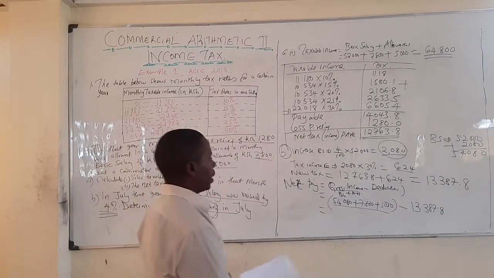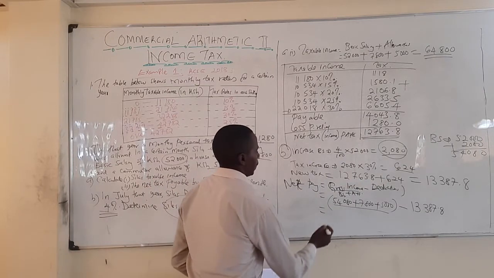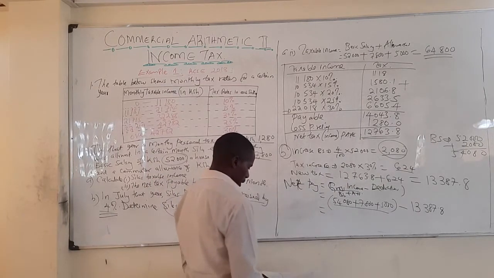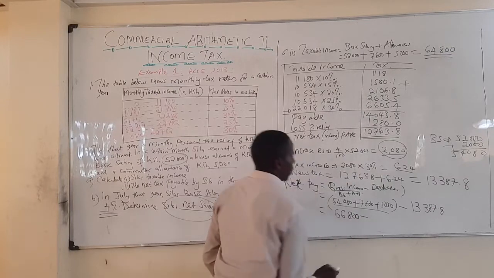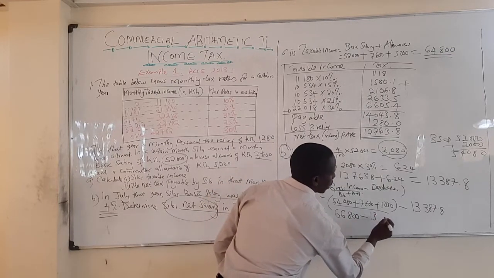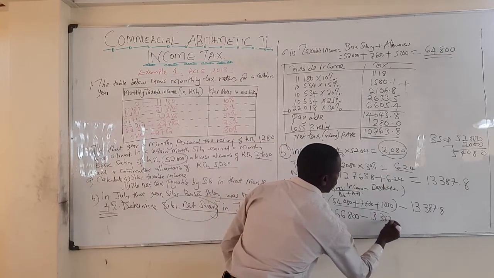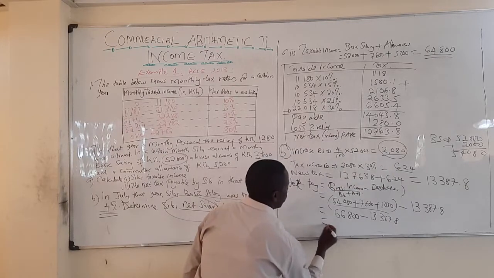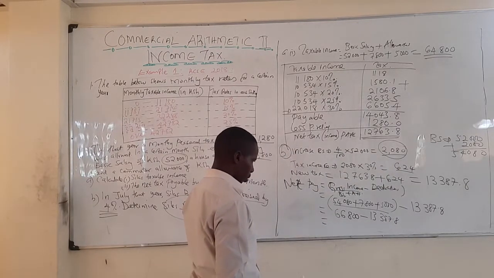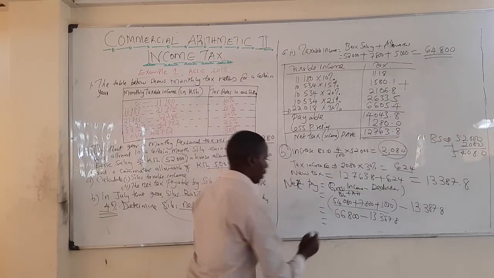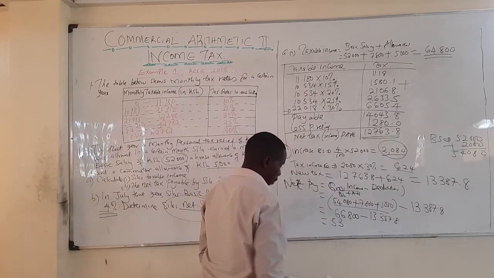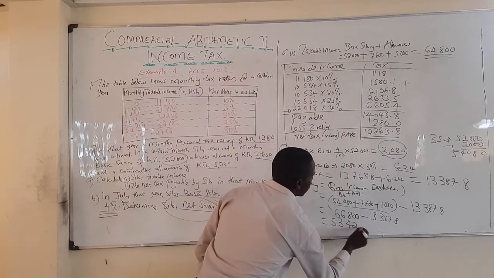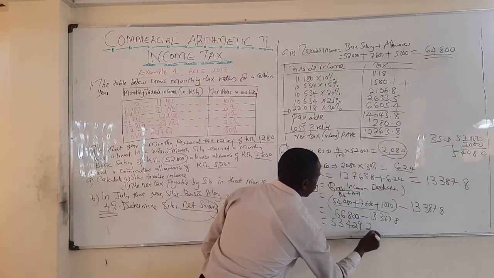So when we add the allowances, we're going to get 66,880. From this we subtract 13,387.8, and we're going to get 53,492.2.